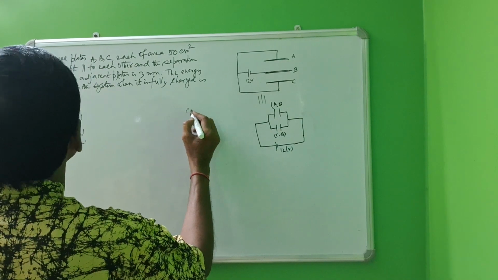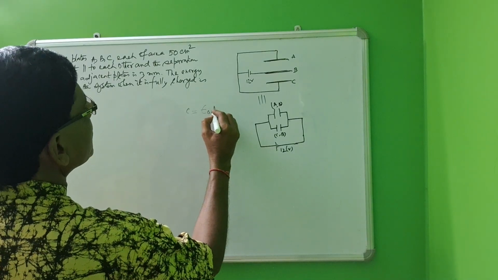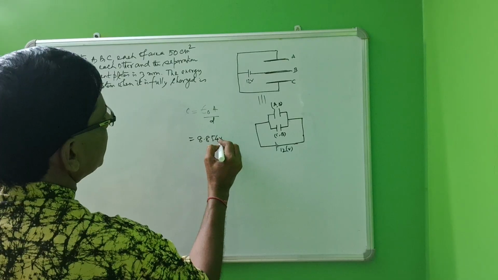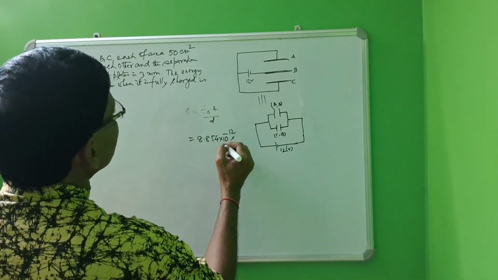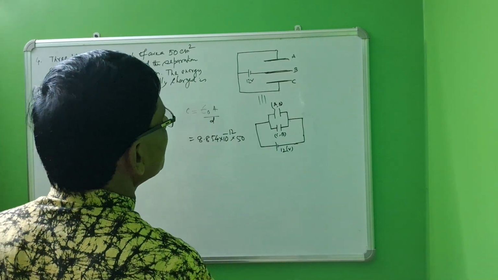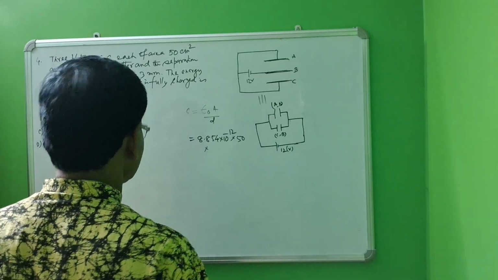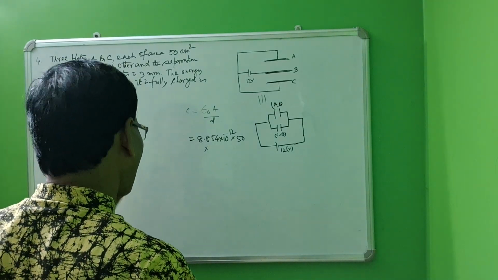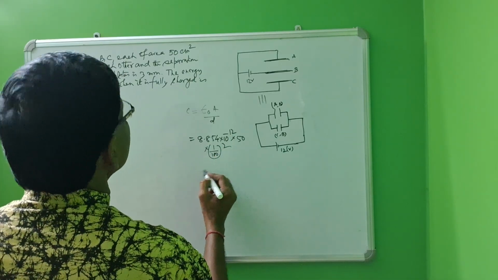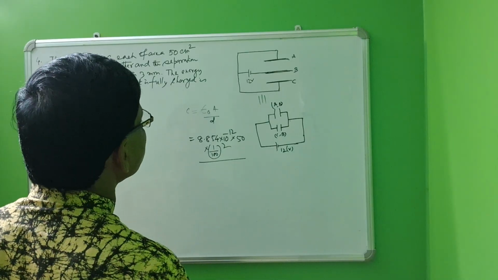So C equals epsilon 0 A by d equals 8.854 into 10 to the power minus 12 into 50 centimeter square into 50, into d equals 6 millimeter.